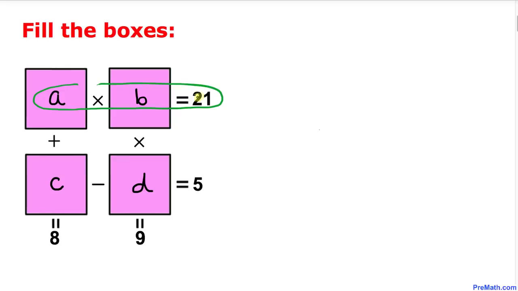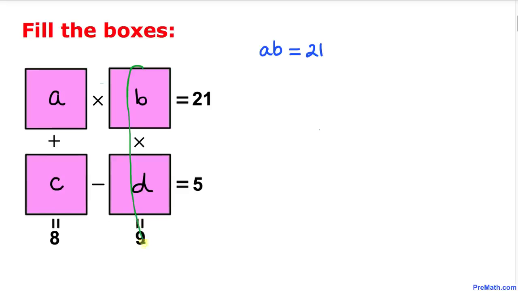A times B equals 21, and here I have copied down A times B equals 21. Likewise, B times D equals 9, and here I have copied down B times D equals 9.